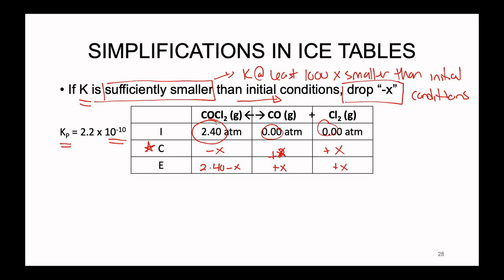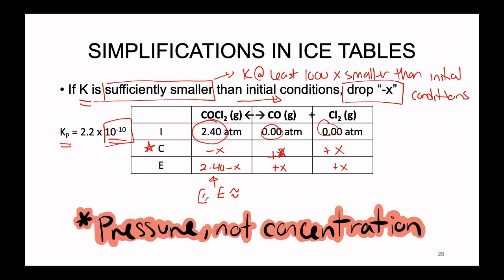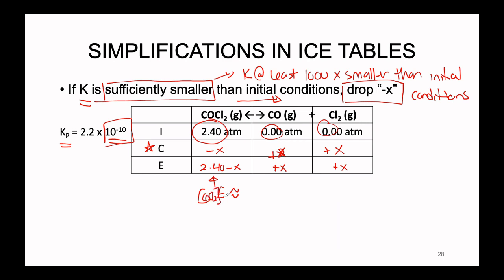What this is telling us is that any change that could occur is going to be of a small magnitude, so small compared to the initial conditions that, with significant figures, our final answer at equilibrium for the COCl2 is going to be approximately equal to 2.40 atmospheres.